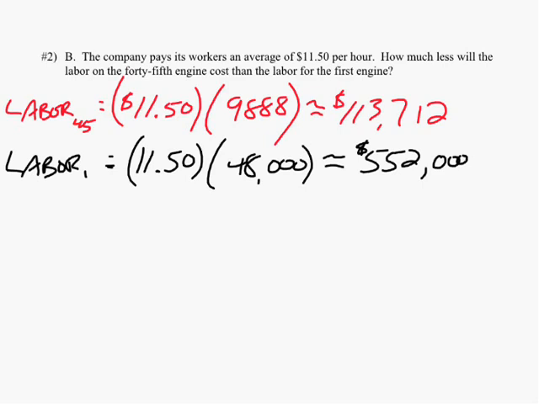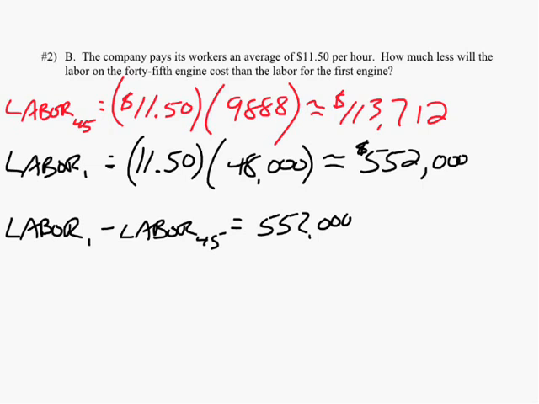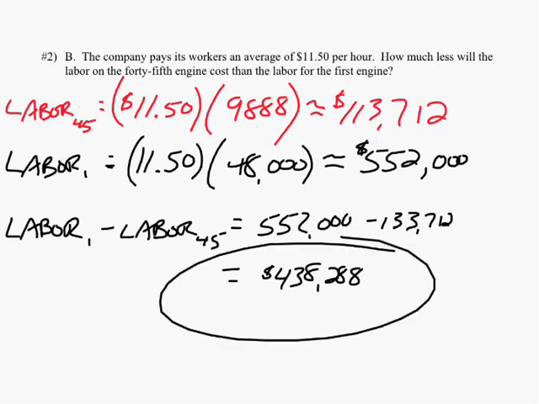So the difference between those two would be the difference between those two numbers. $438,288 is the difference between the two. That's it.